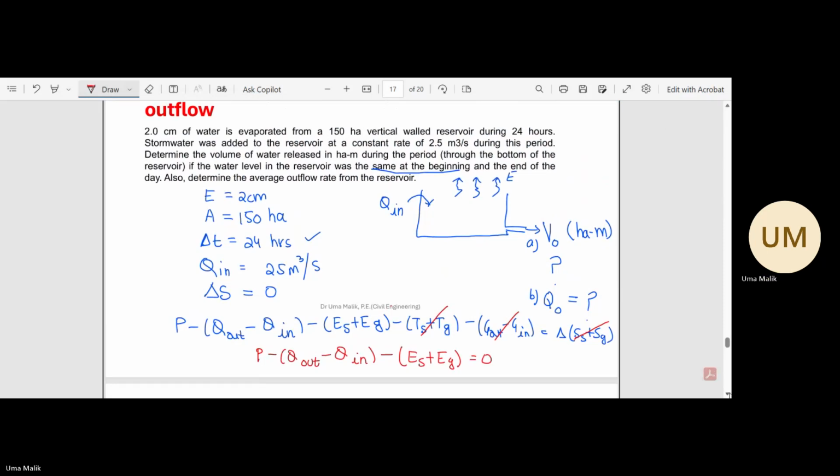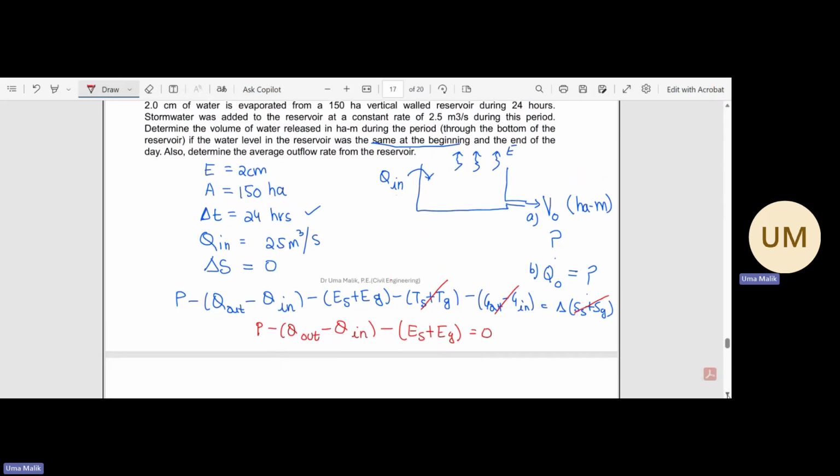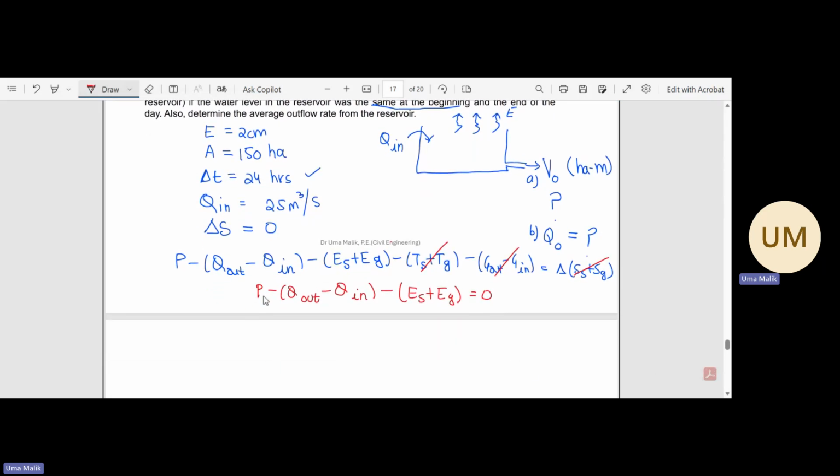So based on the data given, when the storm water is being added, this can be a moment when there was no runoff. So we can just take the precipitation out from this event.